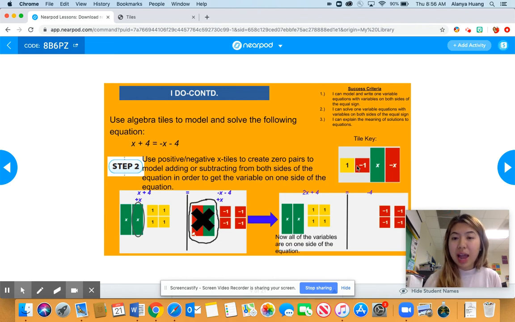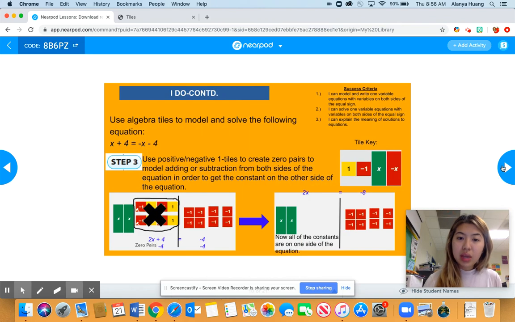So we can either add 4 negative values or 4 positive values. So in this case, we chose to add 4 negative values onto the side with the +4. So then that took care of the zero pair of 4 on this side. So now we have 2x is equal to -8.